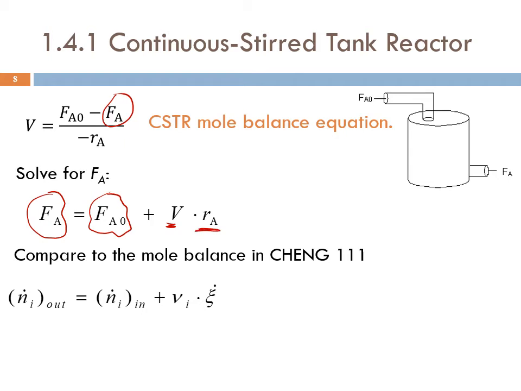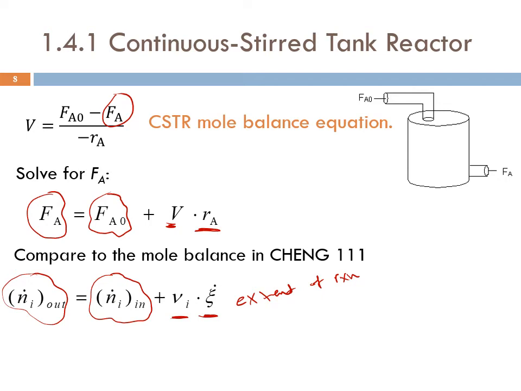Let's compare it to the equation we derived in 111. And it's again the output, n dot output, equals input, right? But this time plus nu I, which is the stoichiometric number, times zeta dot, of course, again because it's a flow system, so it's dot, meaning it's a rate, zeta, which was the extent of reaction for that specific reaction.